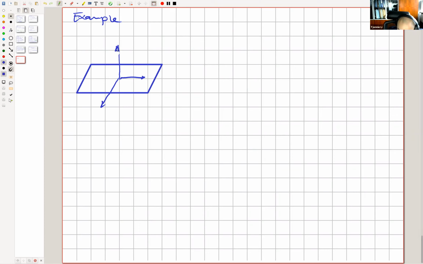Okay, so let's make this x, y, and z. Let's make a loop, and let's give each side some width W, and there is a current I flowing through it.